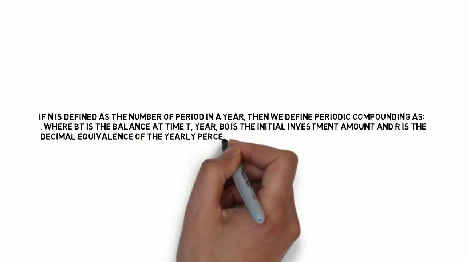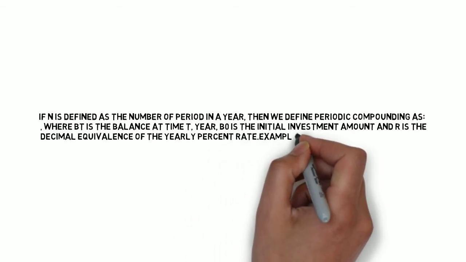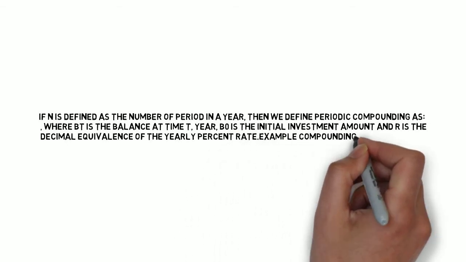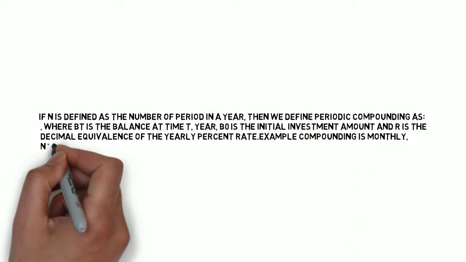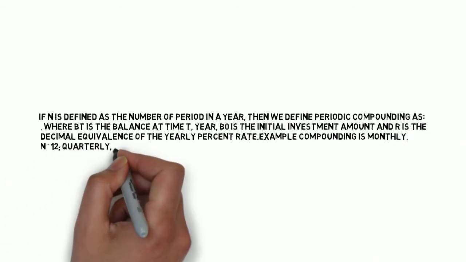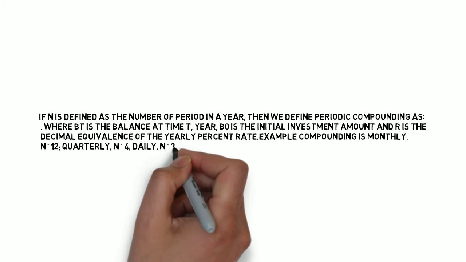For example, compounding monthly, n is equal to 12; quarterly, n is equal to 4; daily, n is equal to 365.